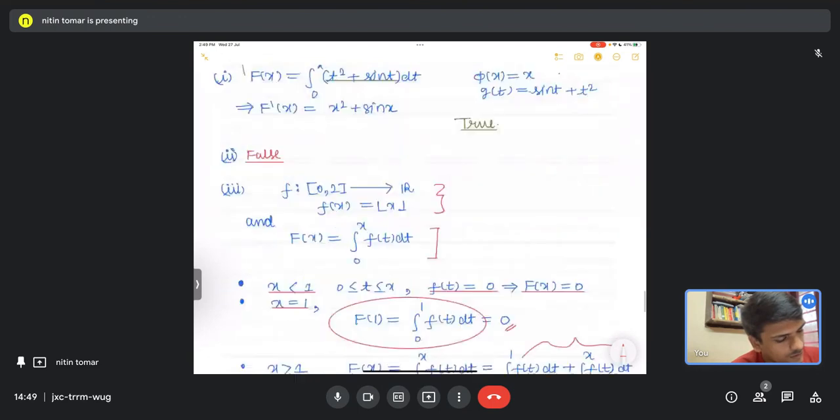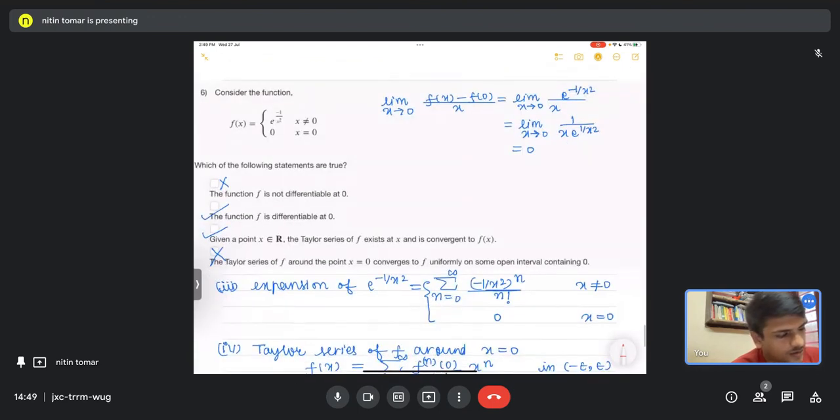Now the last question. The last question is easy because it's just differentiability, but anyway, it's a good question. So f of x is given to be 0 when x is 0, and when x is not equal to 0, it is e to the minus 1 by x squared. So the first option is whether or not this function is differentiable.